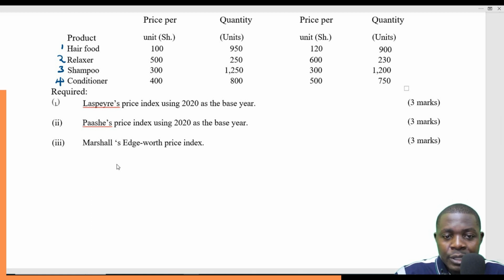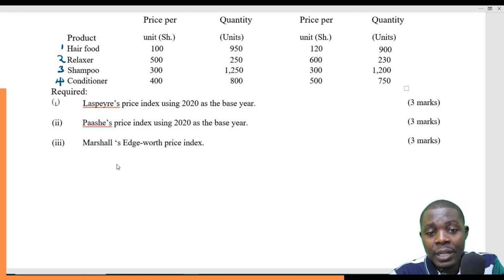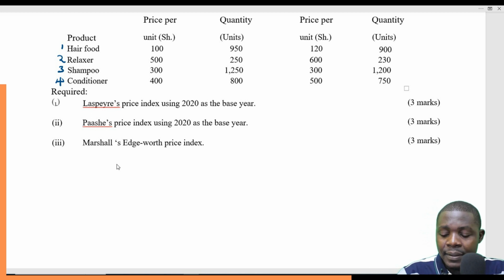When you see a question of this kind, you have to ask yourself what the formulas are for calculating, for example, Laspeyres, Paasche, and then Marshall-Edgeworth price index. Let me write the formulas here so that they guide us with the columns we are meant to be creating.